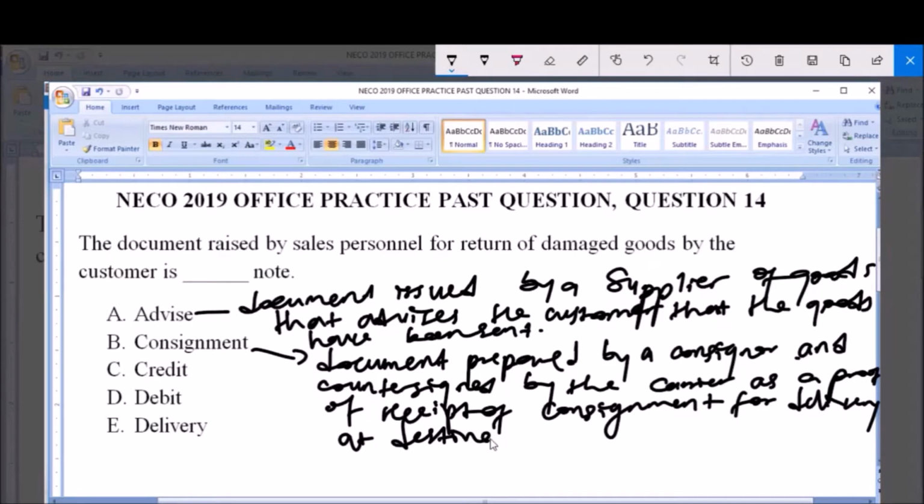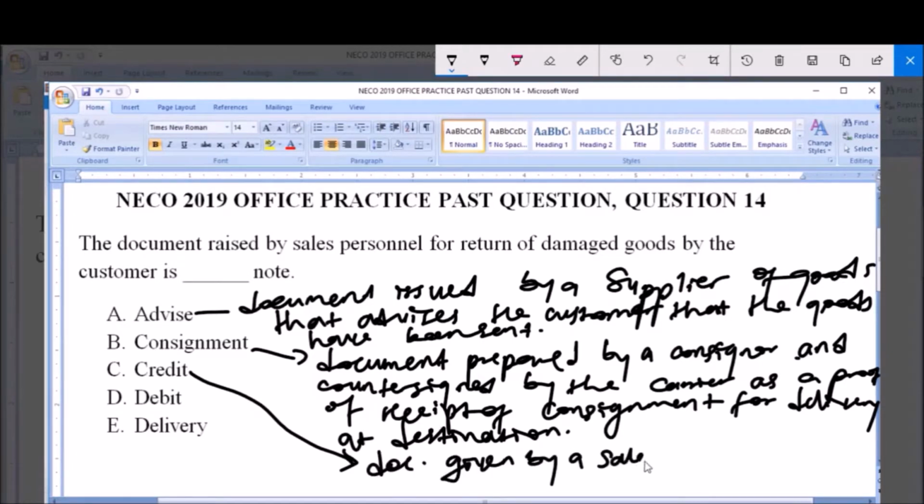Now C says credit notes. A credit note is a document given by a sales personnel to a buyer who has returned goods, or due to an error in an already issued invoice.